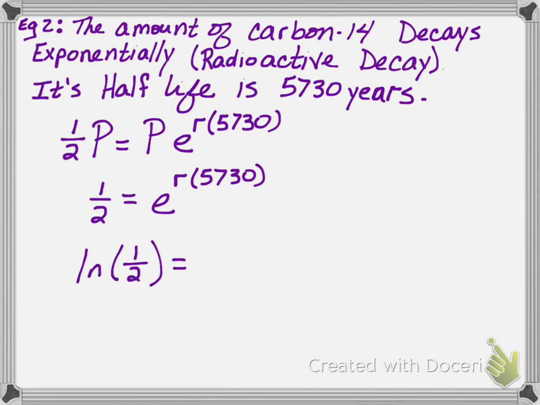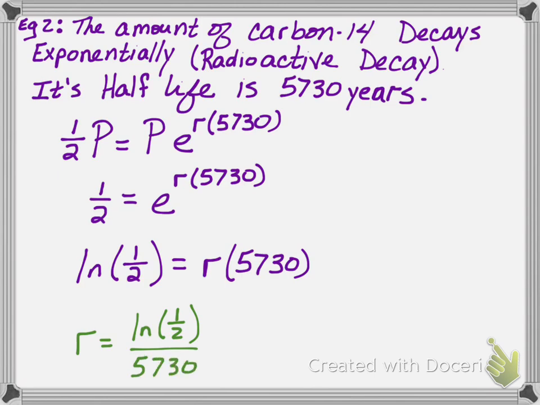So we have natural log of 1/2 equals r times 5,730, which means r equals natural log of 1/2 divided by 5,730. Using the logarithm property, we could also write it as negative natural log of 2 divided by 5,730.